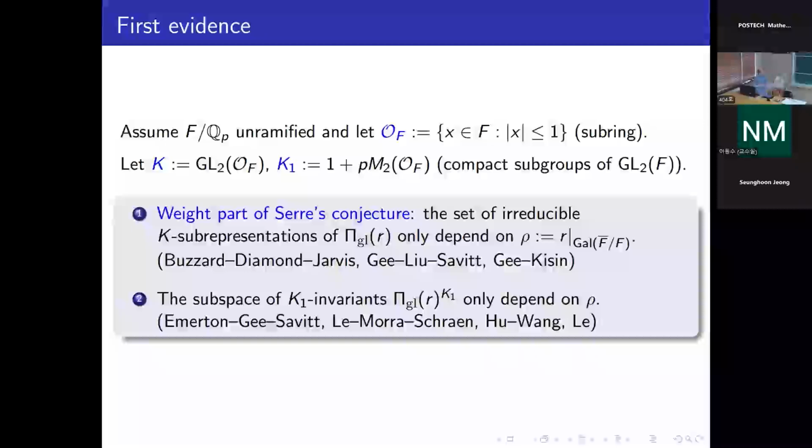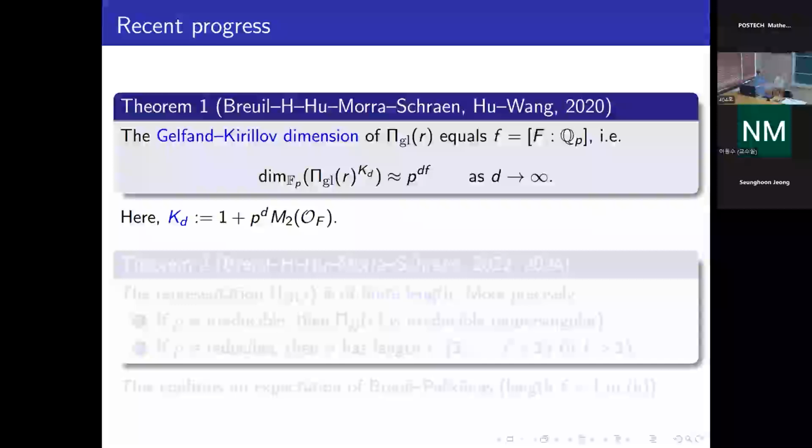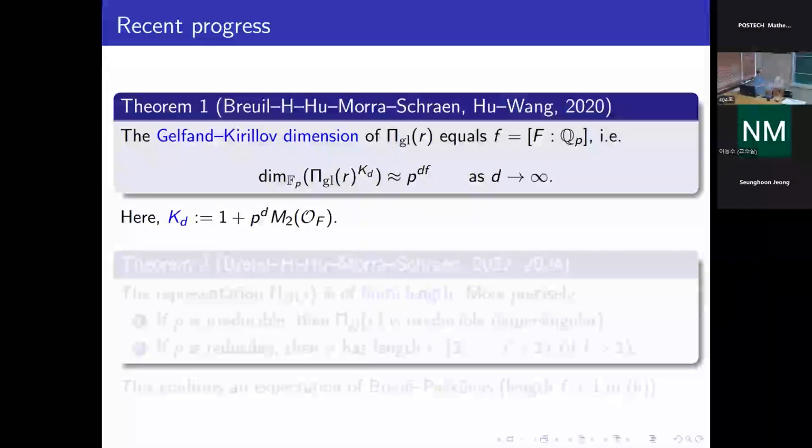And finally, the recent work that I was involved in, that I want to talk about, is work I did with Breuil, Hu, Morra, and Schraen, where firstly we showed two things about this globally defined representation that only depend on ρ. The first is that we computed a kind of natural measure of the size of this representation.